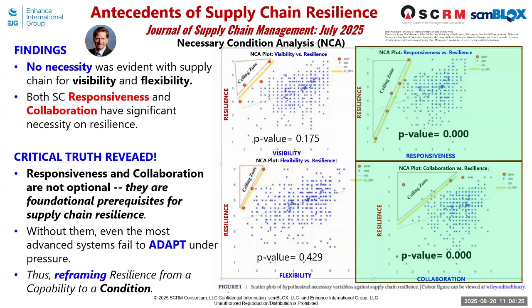And what's really interesting is as we're doing this research, what people are saying aligns very closely to this, right, Greg? Because we focus everything on transparency, and we were kind of finding, well, what is transparency, visibility, flexibility? We started seeing that it wasn't exactly aligned with reality. Without responsiveness and collaboration, even the most advanced systems fail to adapt under pressure.